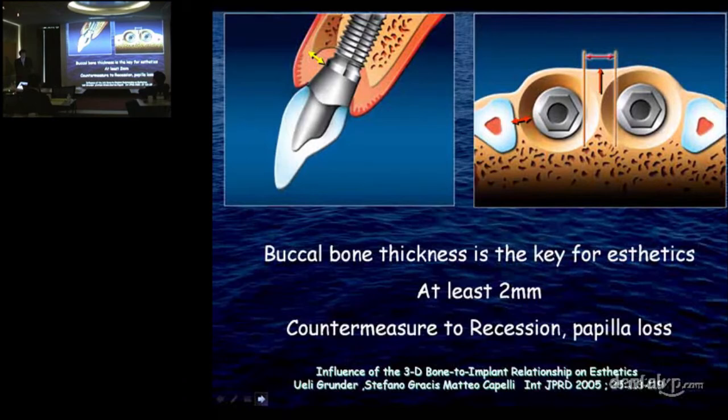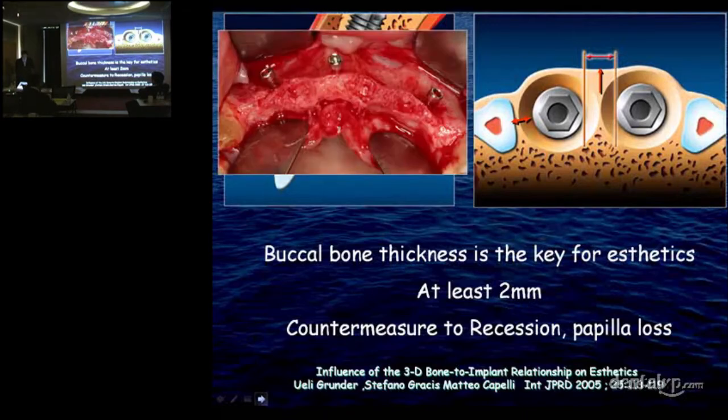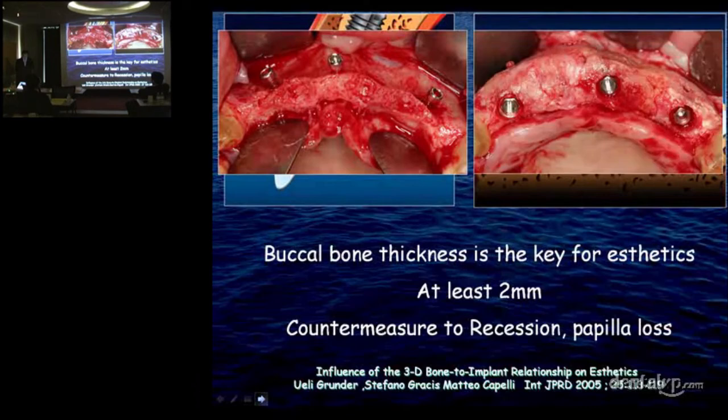Because bone thickness less than 1.5 millimeters will result in recession and papilla loss, Dr. Grunder reported that the bone thickness should be at least 2 millimeters at the buccal side.